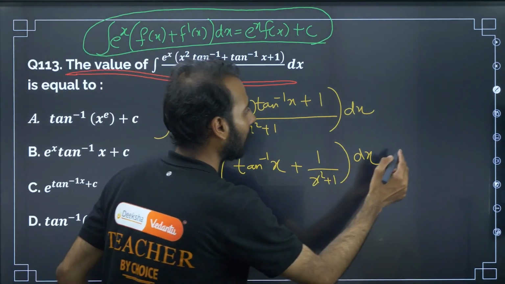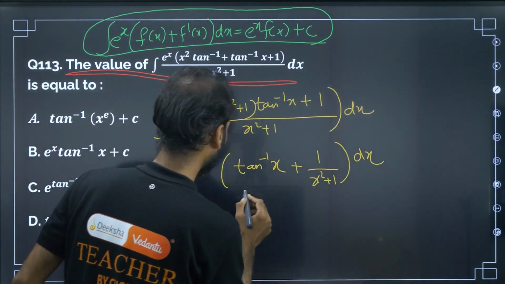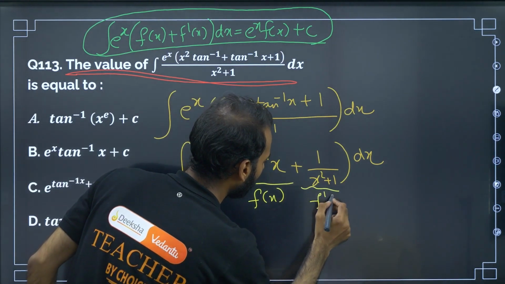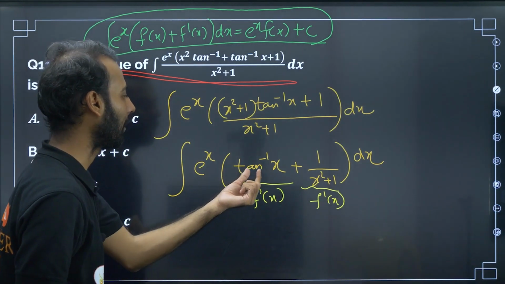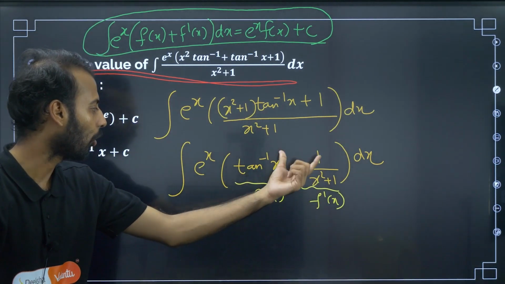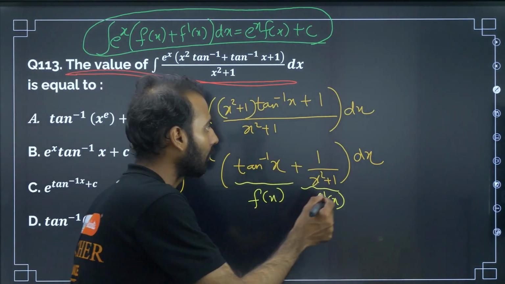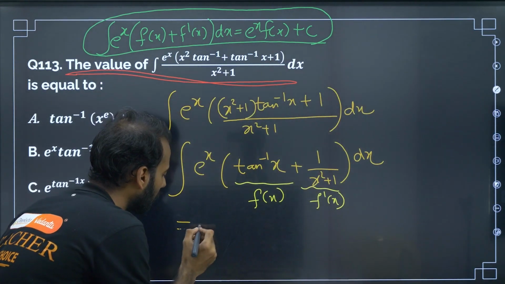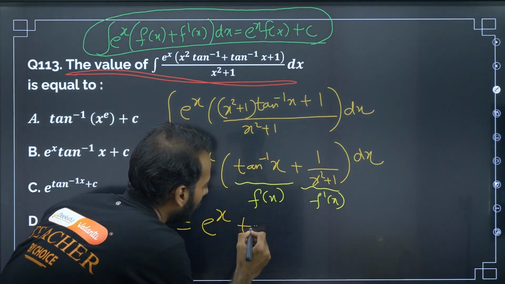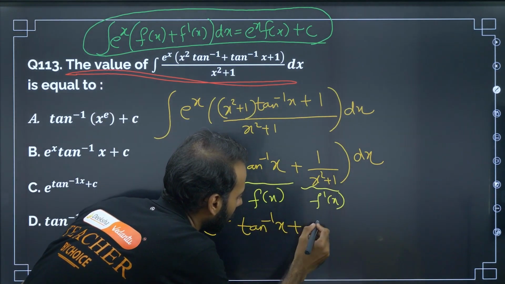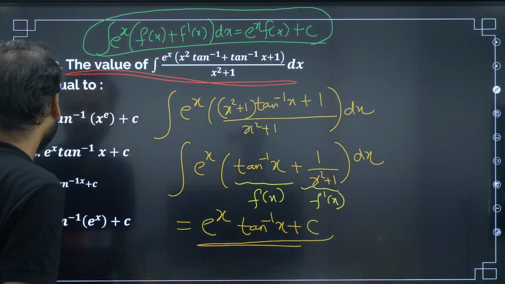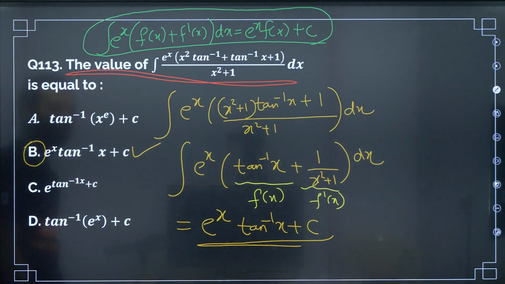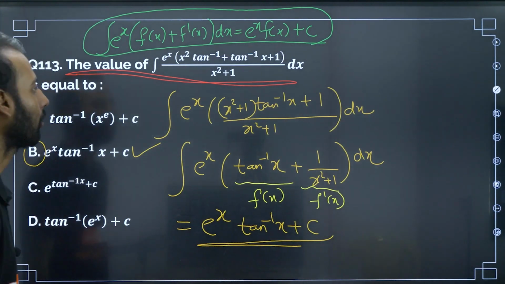I have to name this function as f of x and this as f dash of x, because d by dx of tan inverse x is 1 by 1 plus x square. This we already know. Now this gets transformed to e raised to x f of x, that is tan inverse x, plus c: e raised to x tan inverse x plus c. So B is the answer. E raised to x tan inverse x plus c is the answer. Moving on to next question.